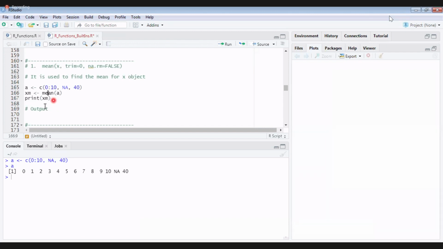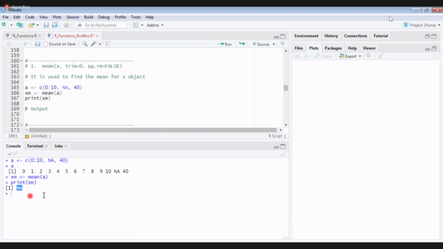Now see here, when I calculate the mean when there is at least one NA, my whole output is NA. Because of one NA in my data, the mean is giving me NA. It is not calculating the mean.